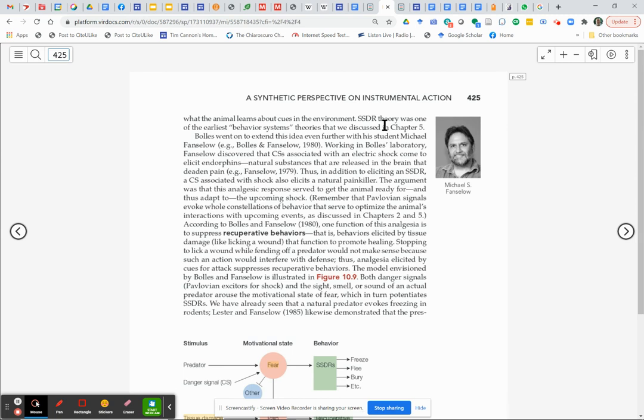You have to ignore your injuries. And of course, one way to ignore them is to have no pain from them. And again, he emphasizes opioid. And stress can produce profound analgesia.